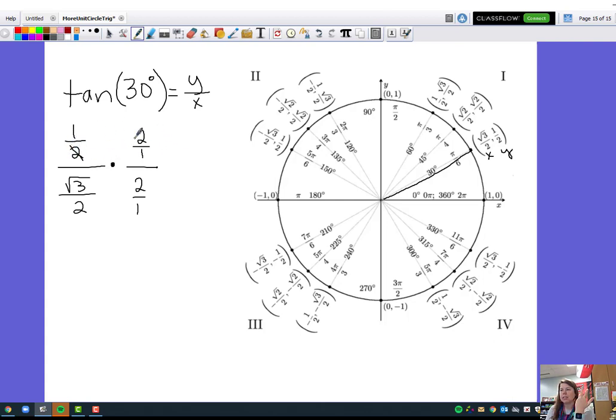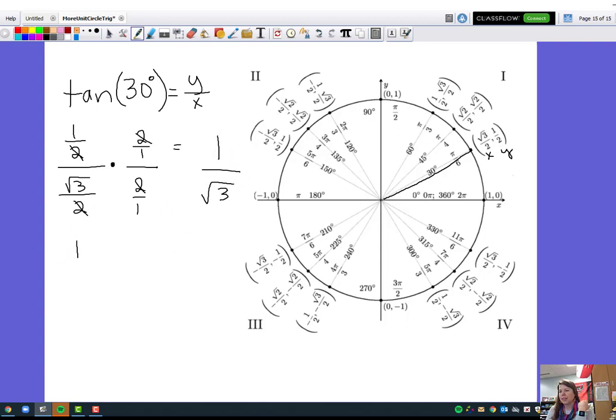But really what's happening is these 2's are dividing each other out. And so what's left in the numerator is just 1. And these 2's here are also going to divide out, and so what's left here is the square root of 3. And so we're left with 1 over the square root of 3.